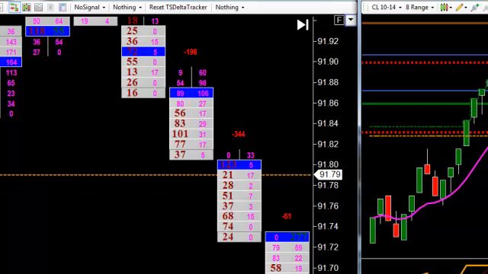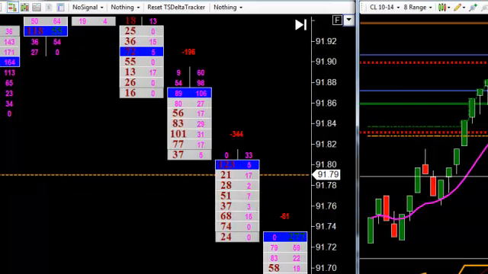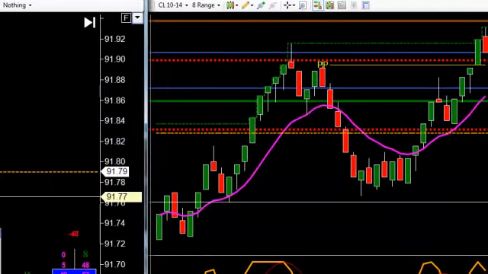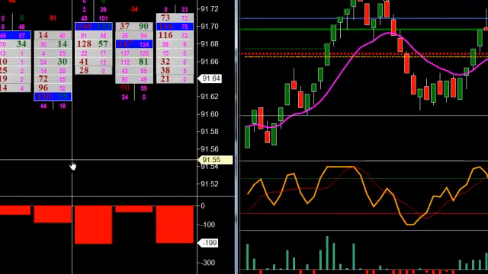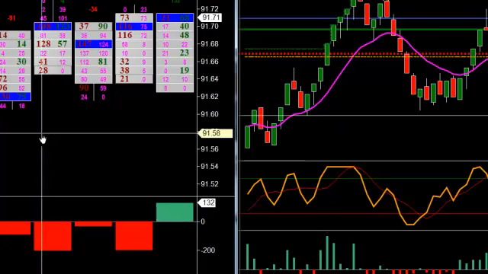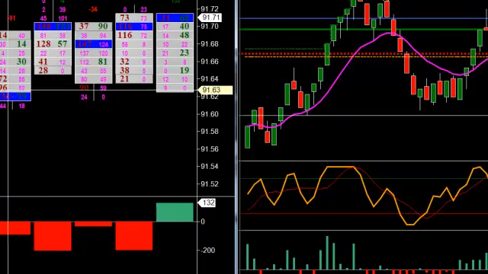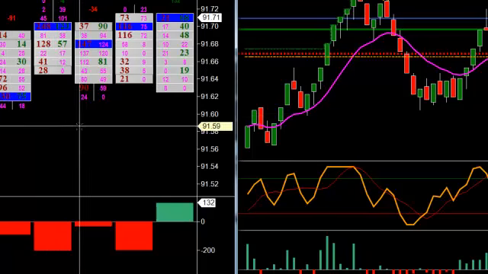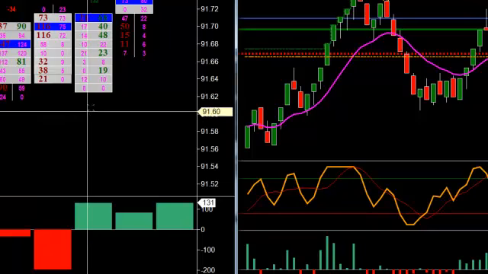Now let's see what happens in this little cluster of pullback right here at this point, 1044. More sellers in that bar, more aggressive sellers. Still more aggressive sellers, but still it got cut off. That means the buyers were absorbing it. More aggressive sellers.